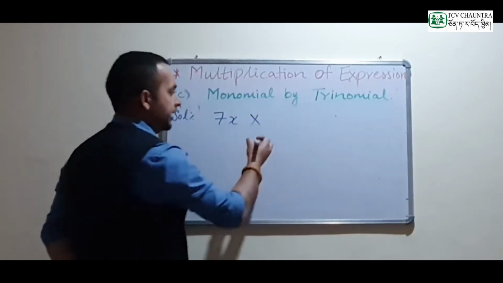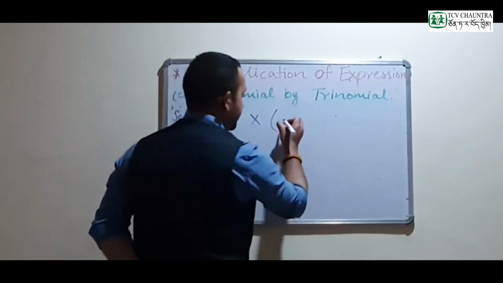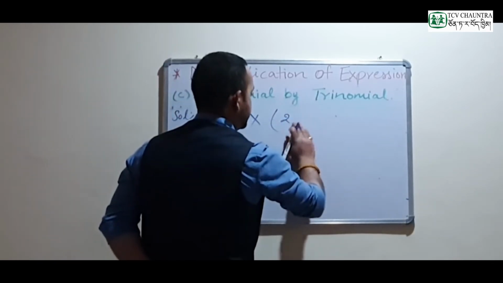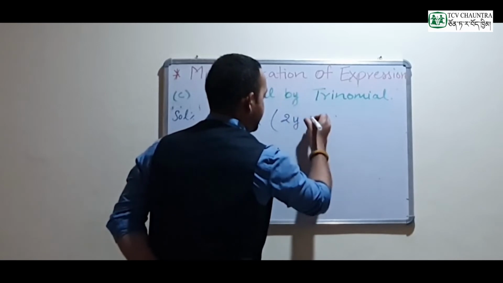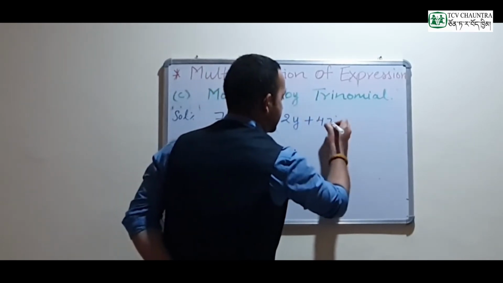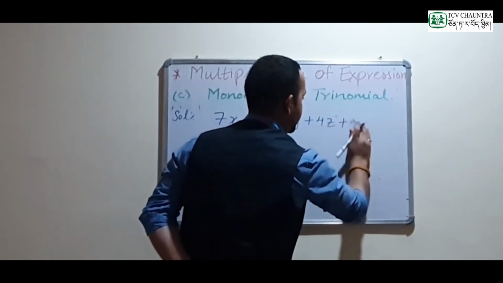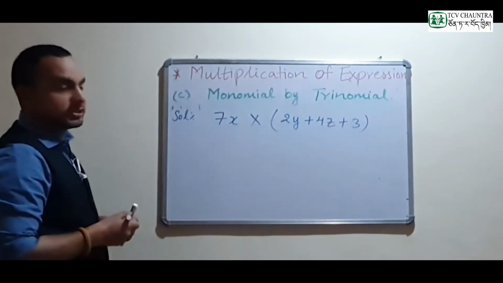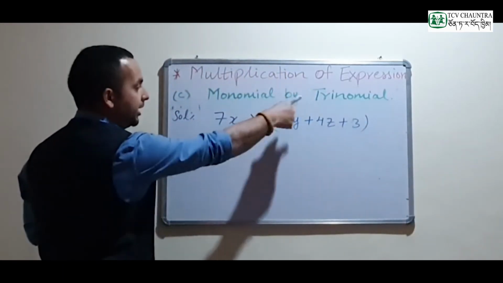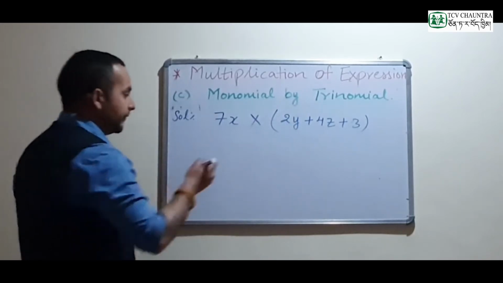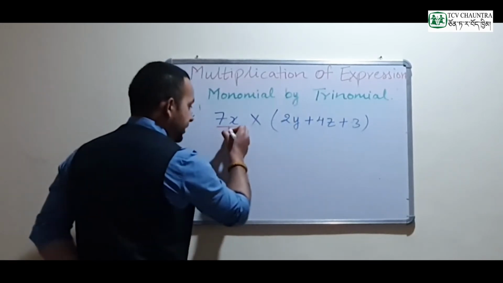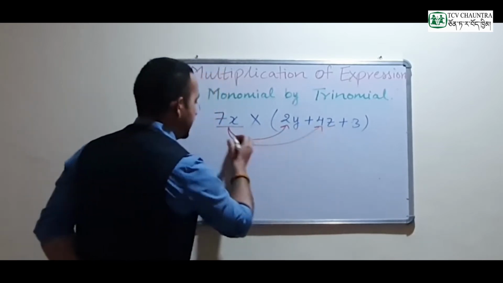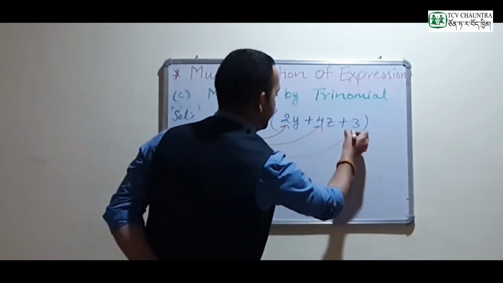Multiply, and I'll take a trinomial example. So 2y plus 4z plus 3, like that. So this is the trinomial, right? Trinomial has three terms. Again, what we will do, this monomial will first multiply with the 2y, then it will multiply with the 4z, and then it will multiply with the 3.